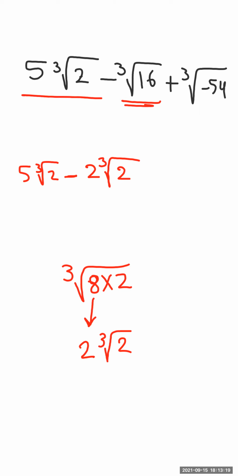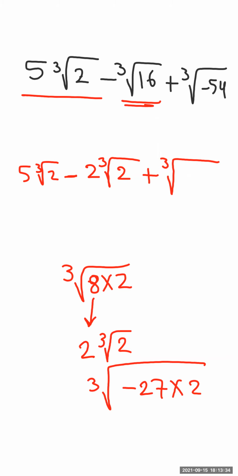It's the cubic root of negative 54, so plus cubic root of negative 54. We said that it's 27 times 2, correct? So the cubic root of negative 27 is negative 3, so it will be negative 3 cubic root of 2, the sign being negative.